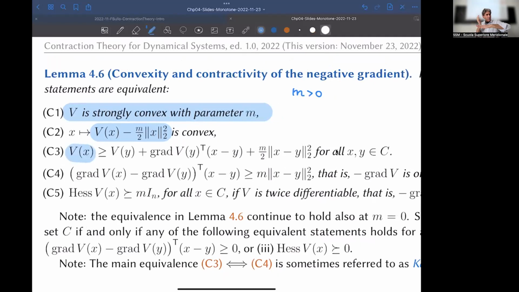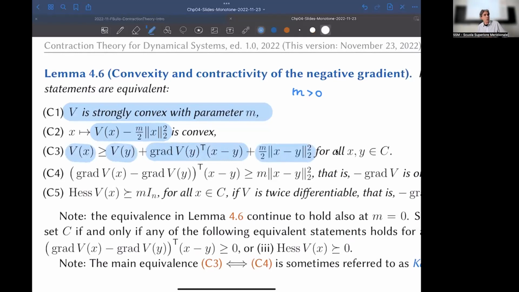In the picture, I fixed the point x and I was showing that V of y was lower bounded by the line. They're entirely symmetric. So what that means is that if you start at the point y, you look at V of y, then you construct the linear interpolation, and then you even add a little bit more quadratic function of x minus y. Still, this is a lower bound of V of x. That means strongly convex.